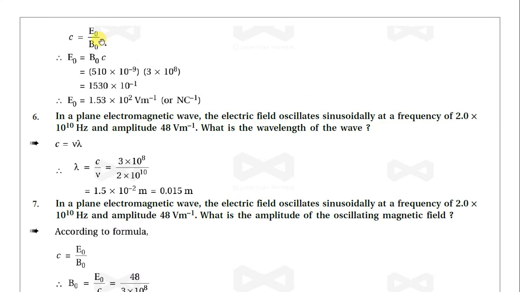So E0 is B0 into C. B0 is equal to 510 nanotesla, 10 raised to minus 9 tesla, and C is 3 into 10 raised to 8. So we will get 1.53 into 10 raised to 2 volt per meter, or newton per coulomb. So this is the value of E0.